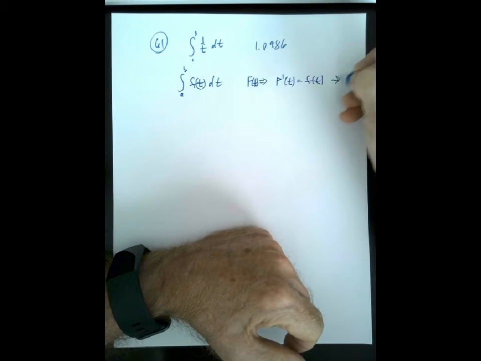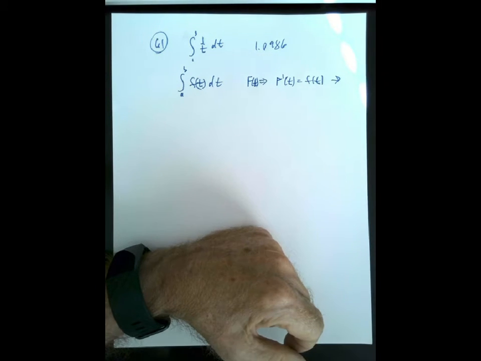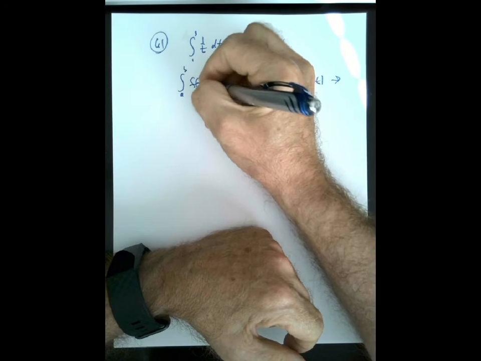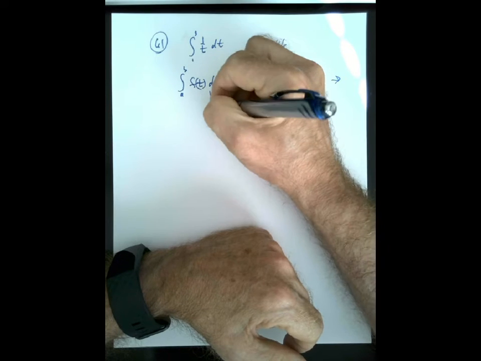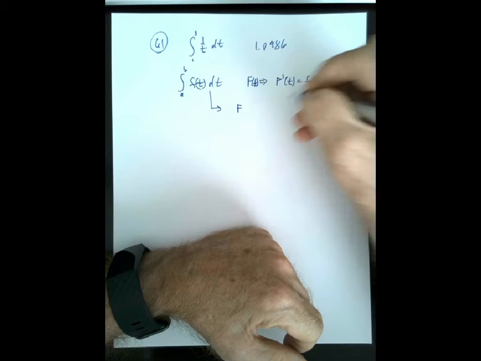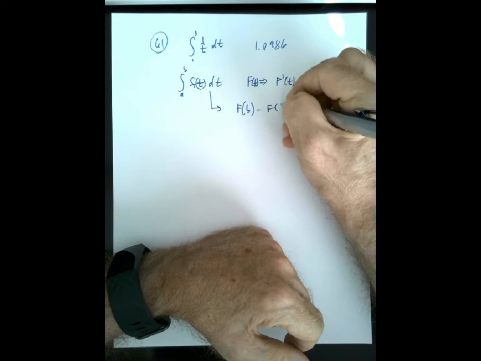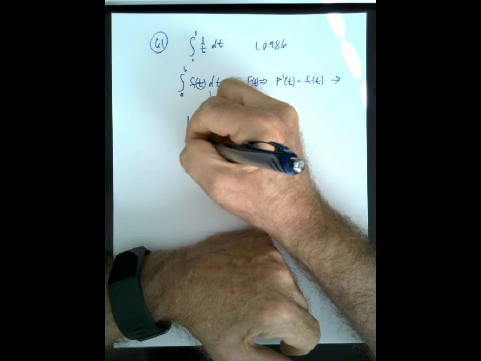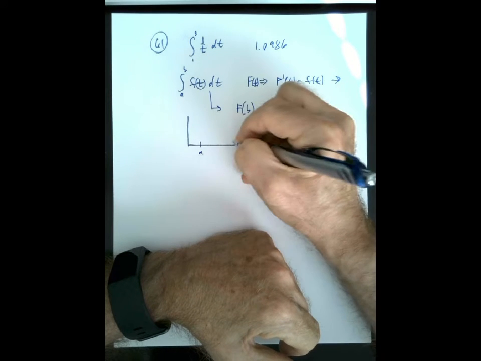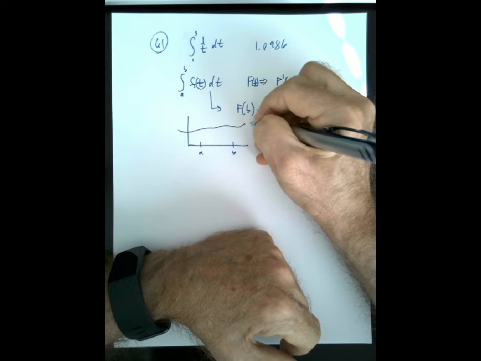Then our fundamental theorem of calculus simply says that that integral is equal to F of b minus F of a. In other words, this picture here.